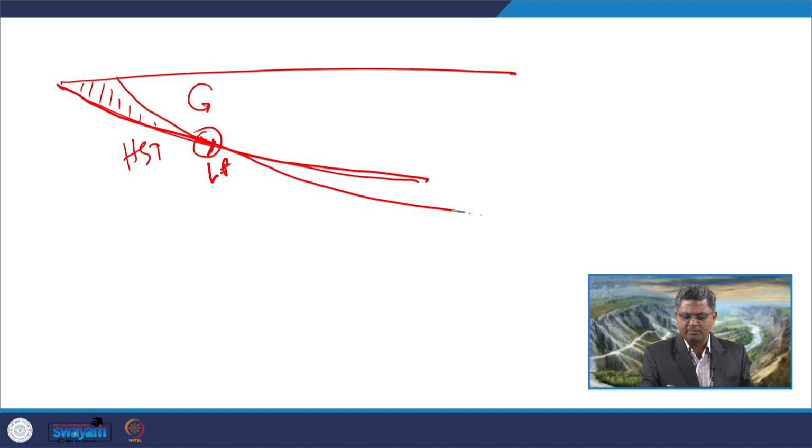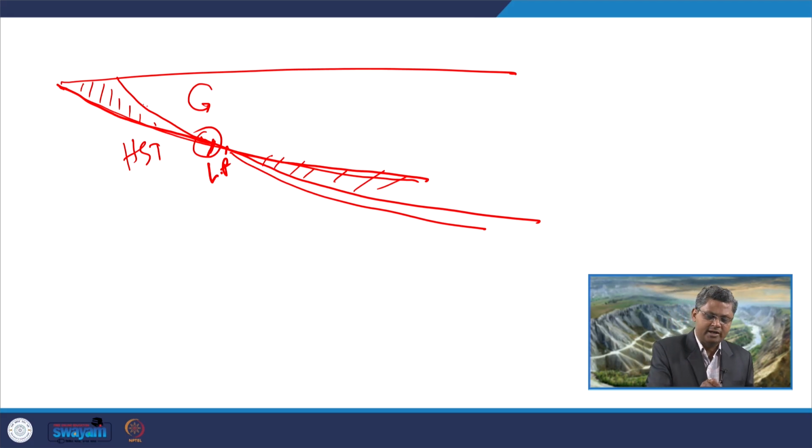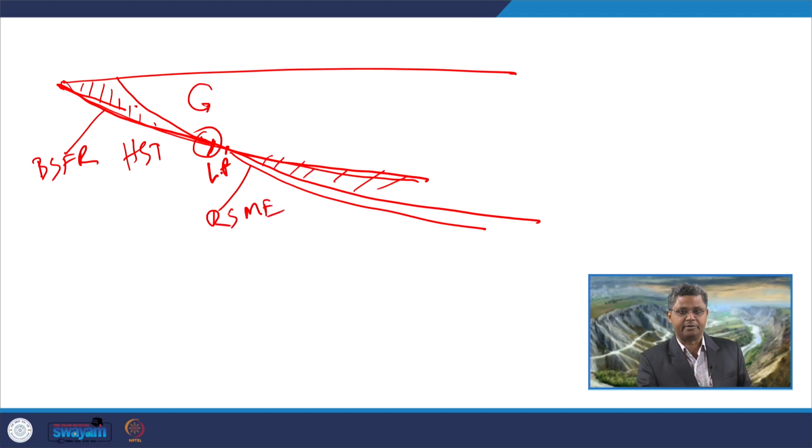The wave equilibrium is cross cutting the substrate. So, it is the new surface formed over here. So, this part is the RSME, a new RSME is forming over here. So, this lever point is the transition, or rather the contact point, between the BSFR in the landward side, or in the shallow marine part, and the RSME which is forming in the relatively deeper, relatively distal part.